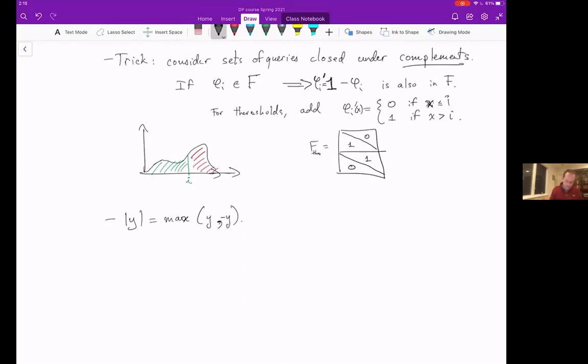And that's true for any real number. Let's look at how this plays out for error. If I take some query phi, my estimating distribution p hat and my data set h of x, what we said was this was going to be our measure of error. Well, we can rewrite that as the maximum of this inner product and minus that.